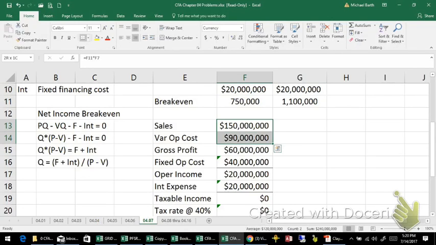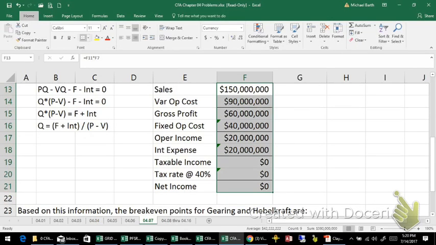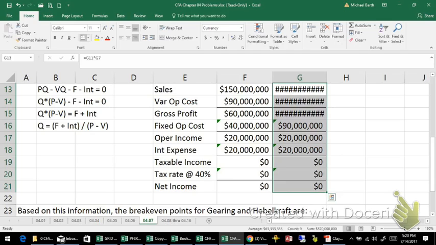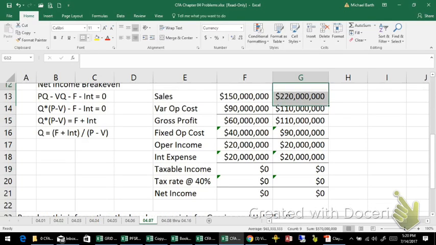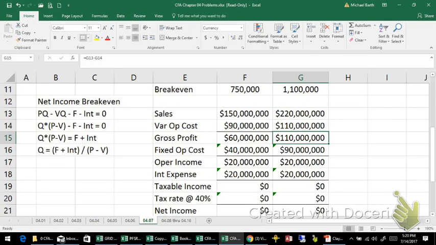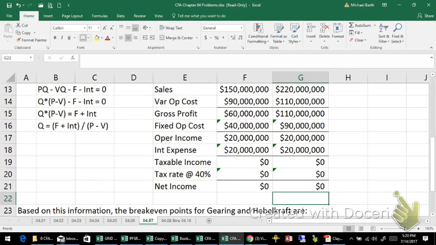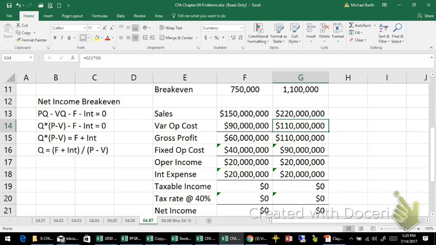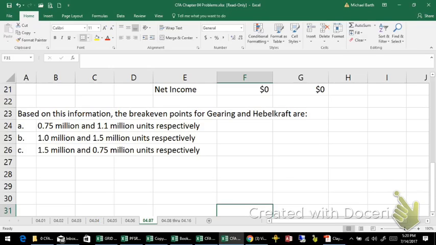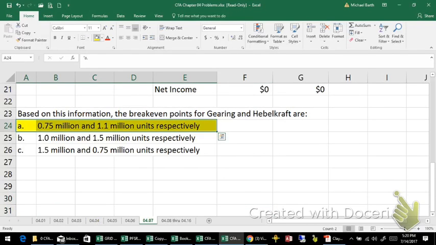And if we did this same calculation over here for our friends at Hebelcraft, again, you can check your answer, but at 1.1 million units, you exactly break even. So the answer is A, at 0.75 million and 1.1 million units respectively.